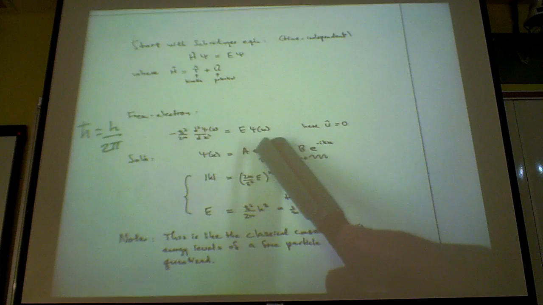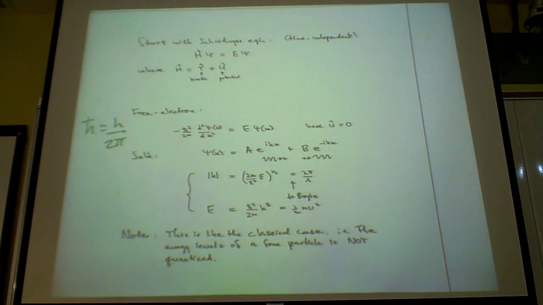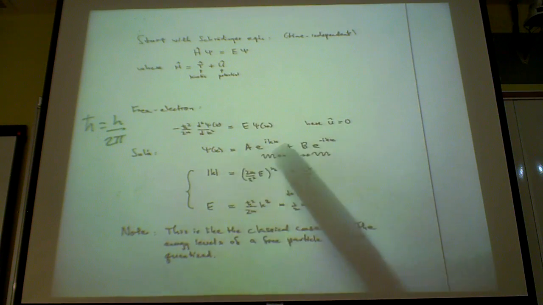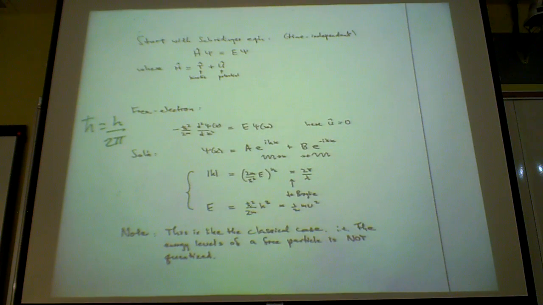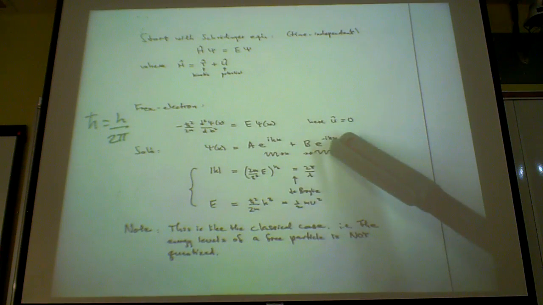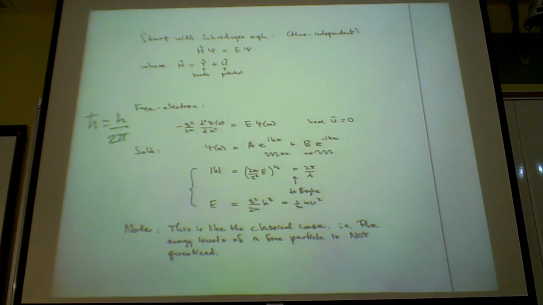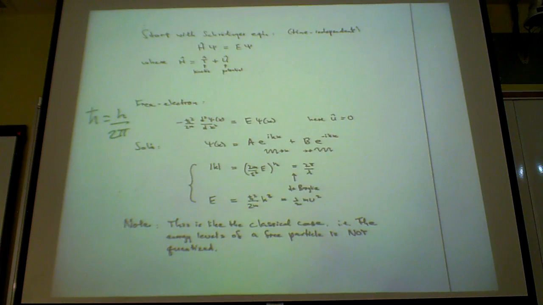And this k here is the wave vector, with direction going along the positive x direction. And then you of course have the opposite one. So you have a forward and backward wave, right? These are plane waves, e to the i k dot r. It's called a plane wave because if you expand this imaginary number, e to the i theta is equal to cos theta plus i sine theta, like this.